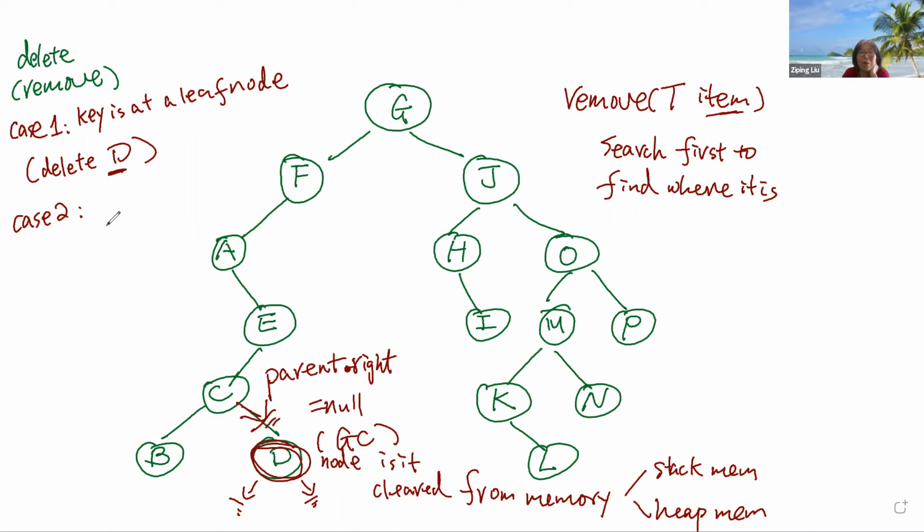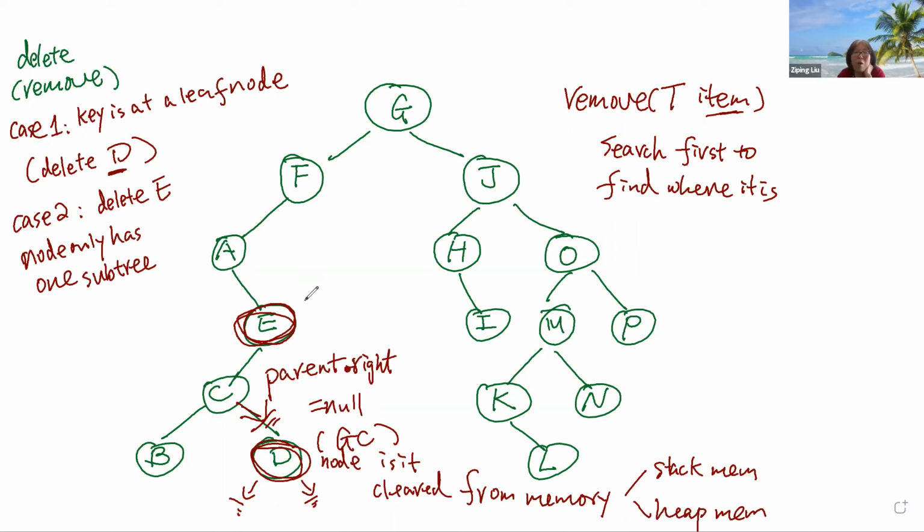Suppose I want to delete E. The node only has one subtree. The node doesn't have two subtrees, just a single subtree. Node E.